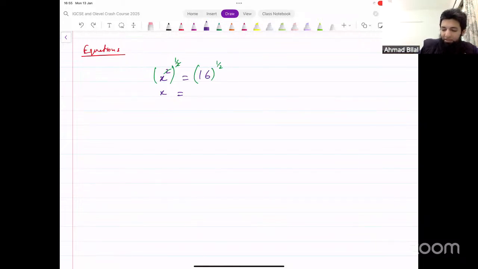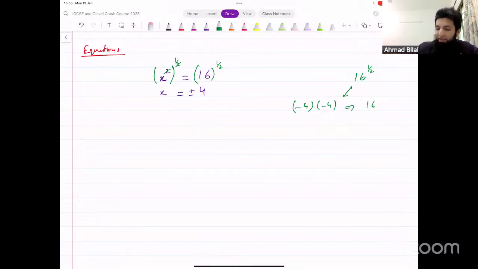So this results in 4, but there has to be plus minus 4 there because when you take square root, your calculator is only going to give you one result. However, we know when we multiply two negative numbers, the result becomes positive. So minus 4 into minus 4 is 16, and 4 into 4 is also 16.